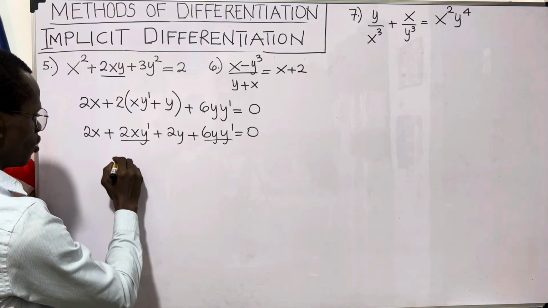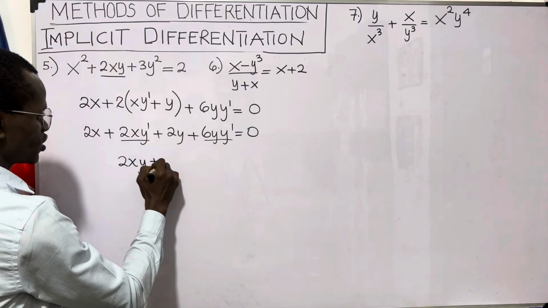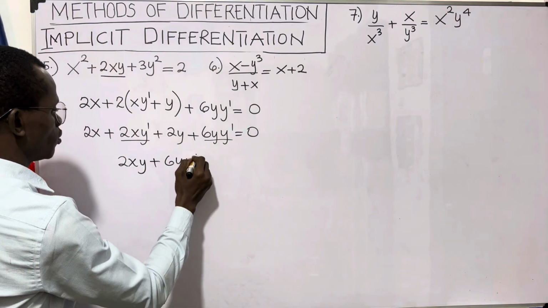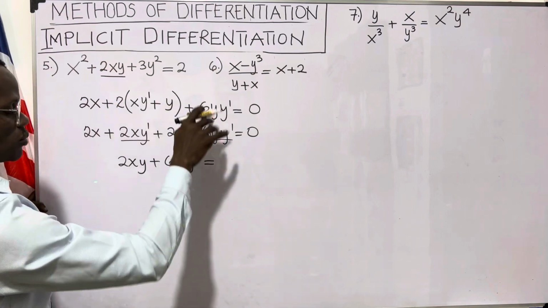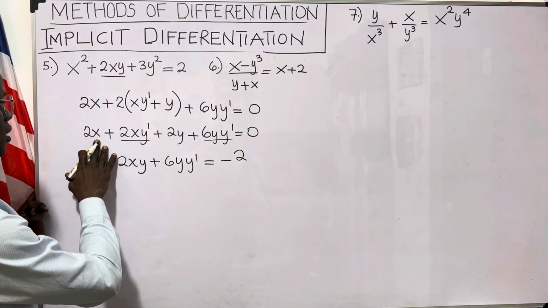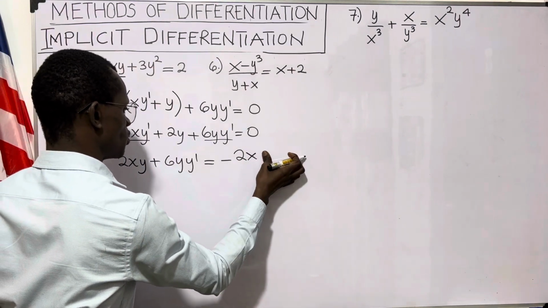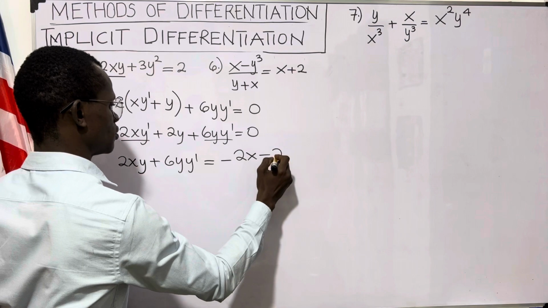First, we put all the terms with y prime on one side of the equation, and then all the terms without y prime on the other side of the equation.